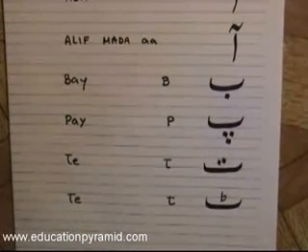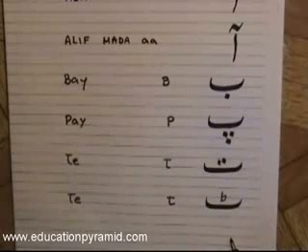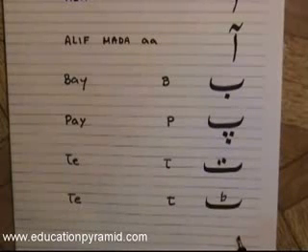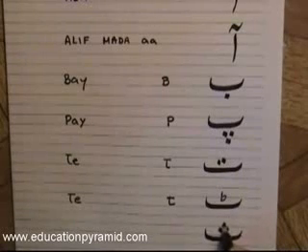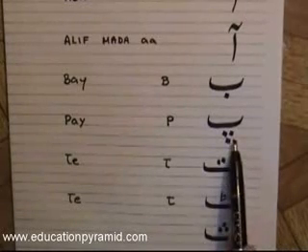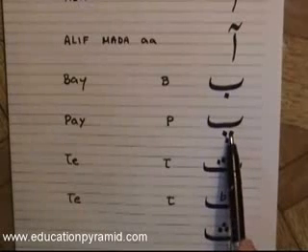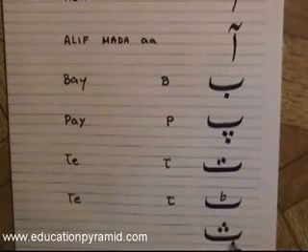After te, there is another similar letter, which is se. In pe we have 3 dots under the pe, and here we have 3 dots above the se.